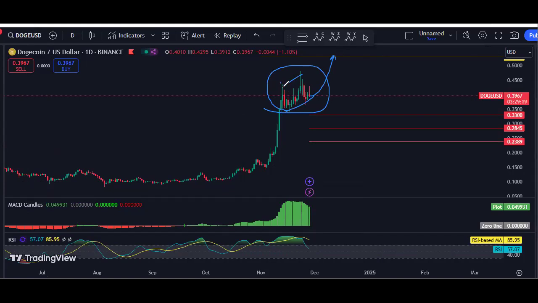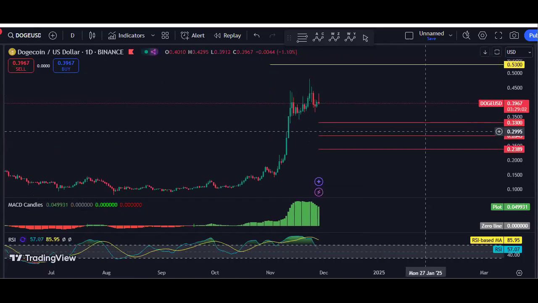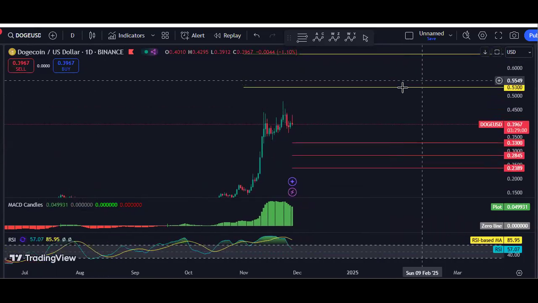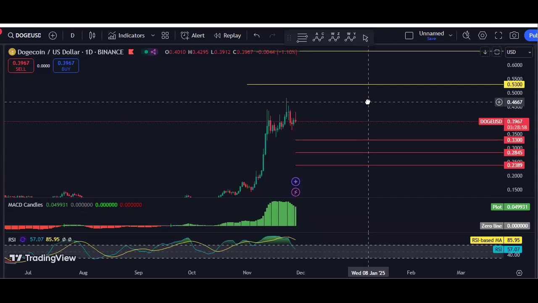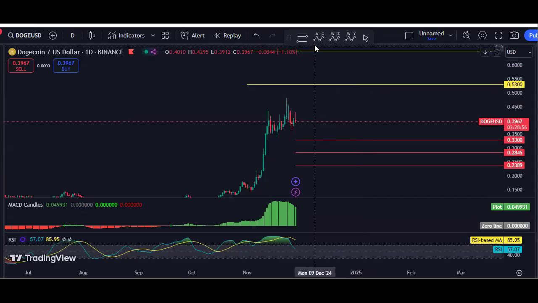Okay, but if the price consolidates within this zone for quite a long time, like weeks, then it can give us better confirmation and a better opportunity to look for a trade setup. This is what I want to say. Anyway, the breakout of the 53 at this point is what we are looking for, and we just follow the chart. If I see any update, I will share. Thanks.